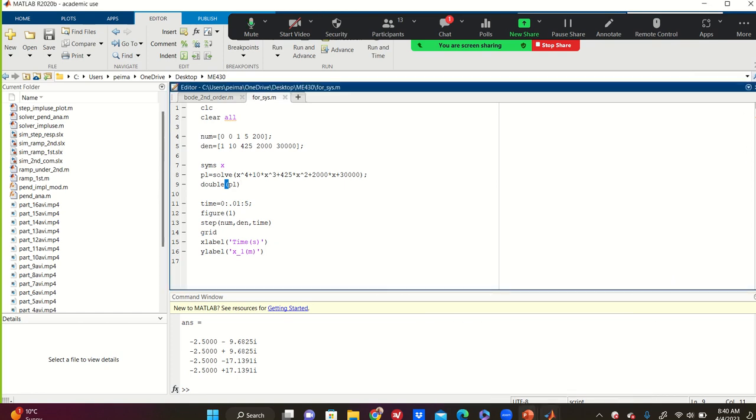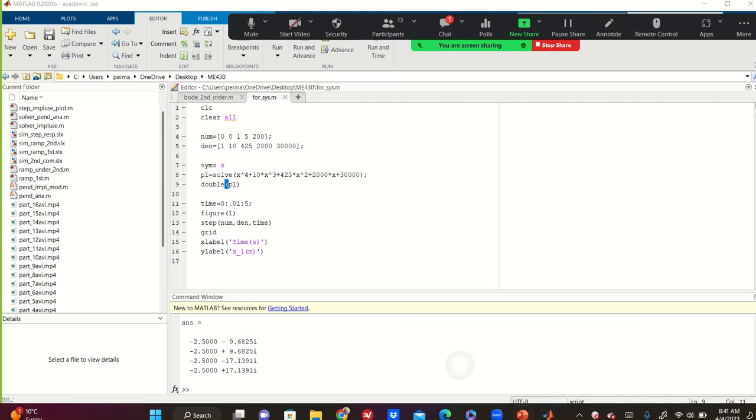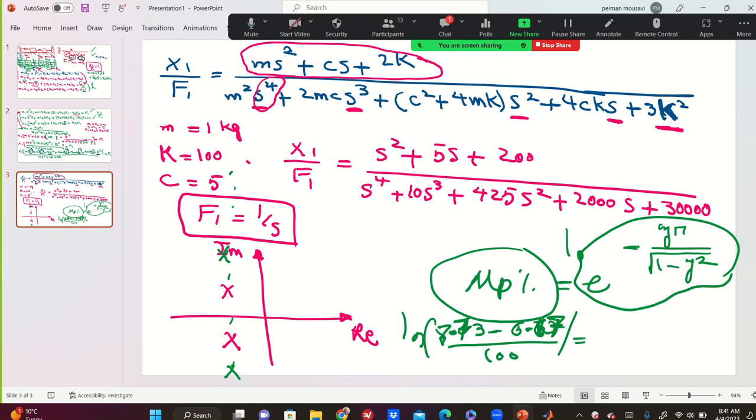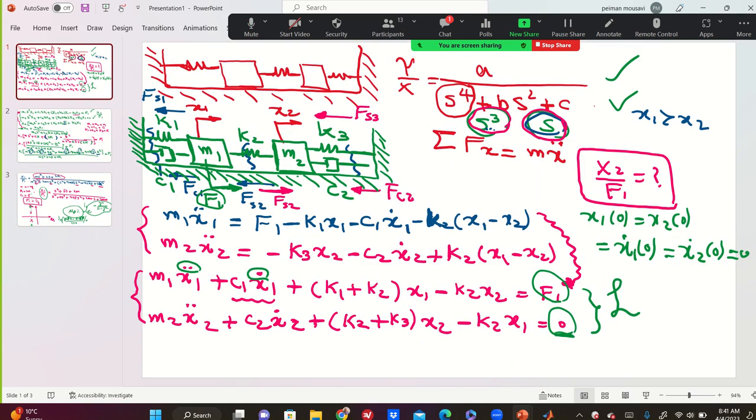I told you, now you know you have 4 poles that have two pairs of complex conjugate poles. So we calculated x1 over f1 here. x1 over f1.